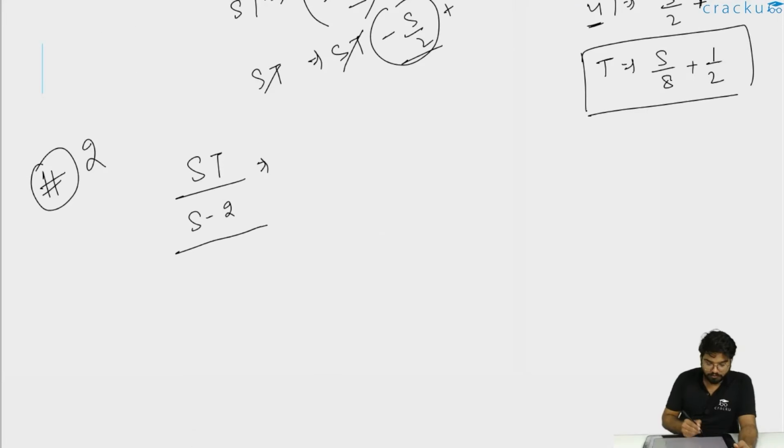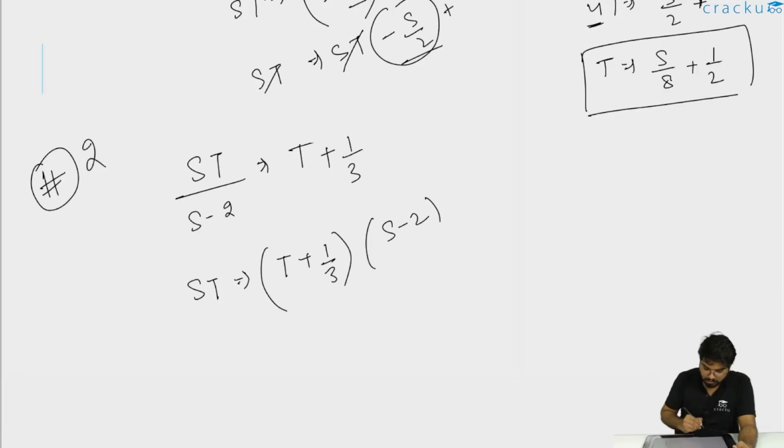Now when they are moving at a slower speed, reducing speed by 2 km per hour, the time taken will be 1 by 3 hour more. Earlier time was t, now the time will be t plus 1 by 3. Now again we can solve this equation. So we have st is equal to (t plus 1 by 3) into (s minus 2).